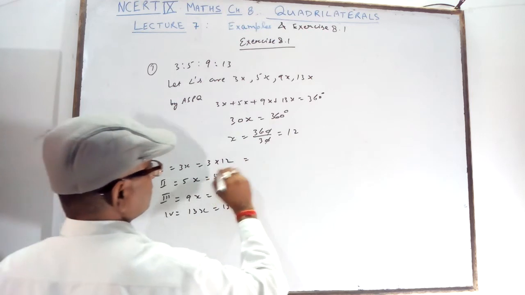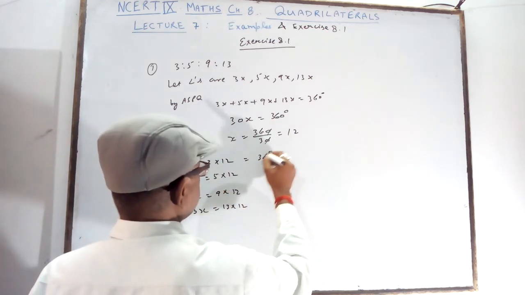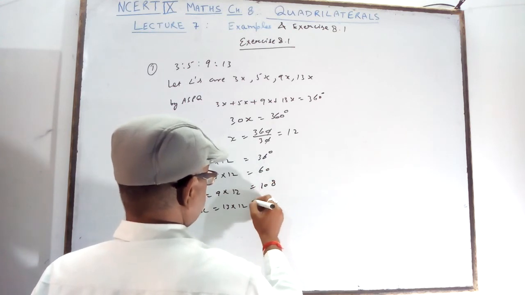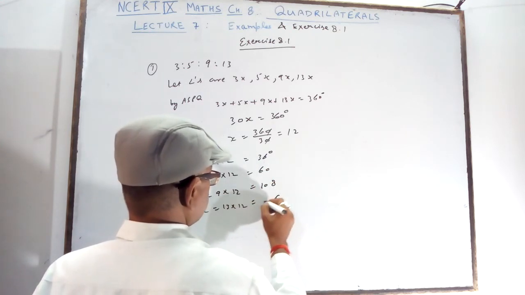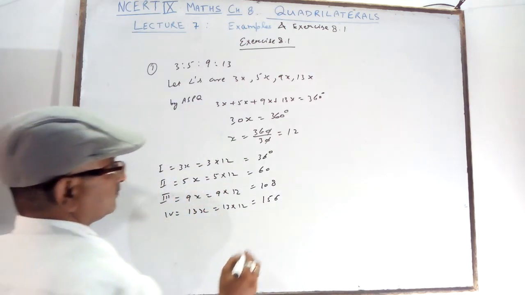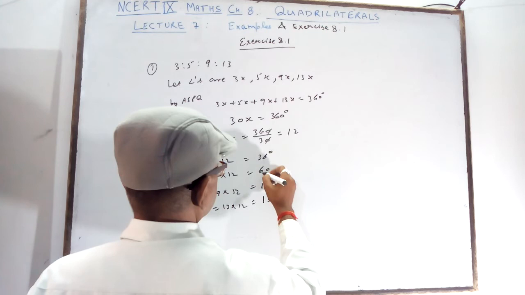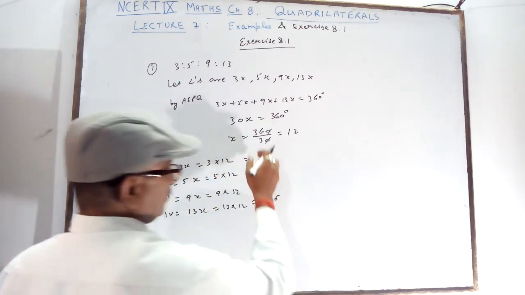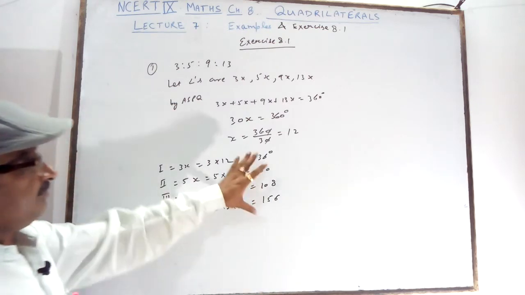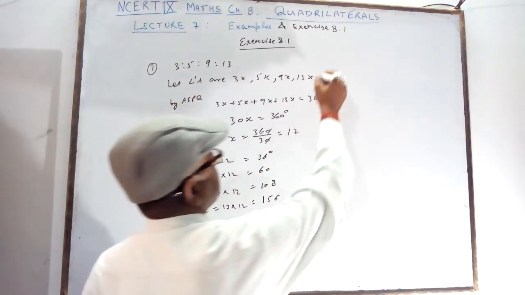So you will get 36 degrees, 60 degrees, 108 degrees, 156 degrees. You can add them, your sum will be 360. Like this you can do it.